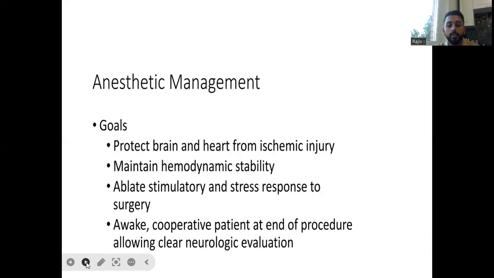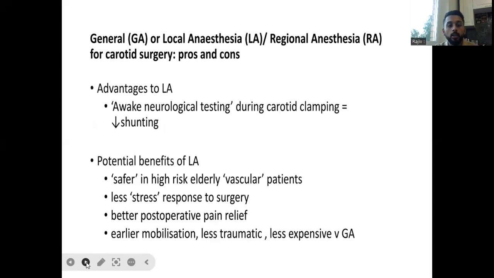Now, anesthetic management, the goals are for awake test, neurological evaluation, ablation stimulatory, and also stress response to surgery, and to maintain hemodynamic stability. Now, advantages to LA is awake neurological testing. What you do is we give a ball in the contralateral hand.